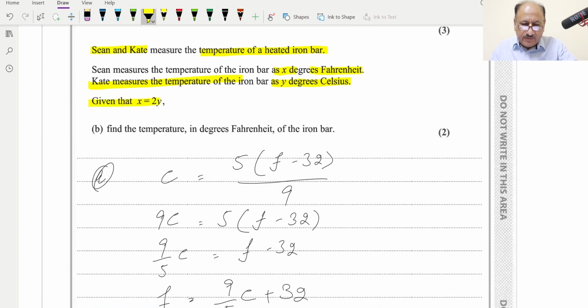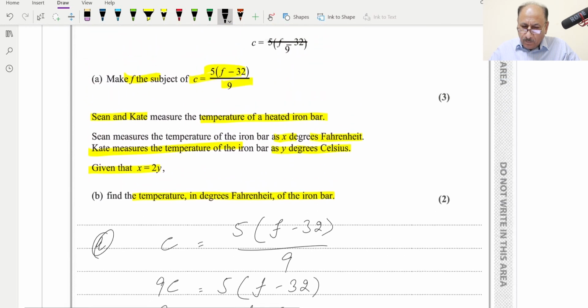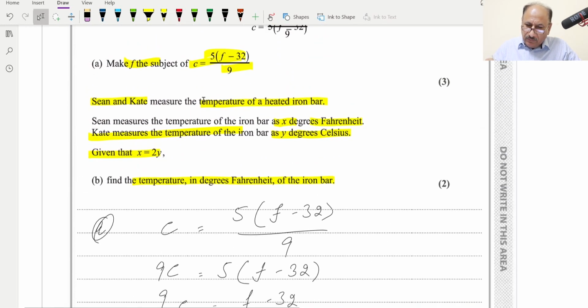Given that X is equal to 2Y, find the temperature in degrees Fahrenheit of the iron bar. So this is the B part, where X is in Fahrenheit and Y is in degrees Celsius.